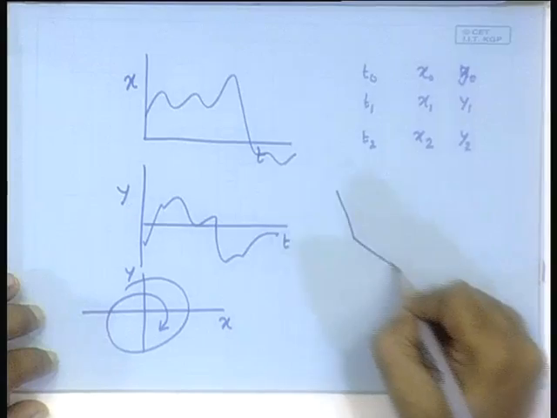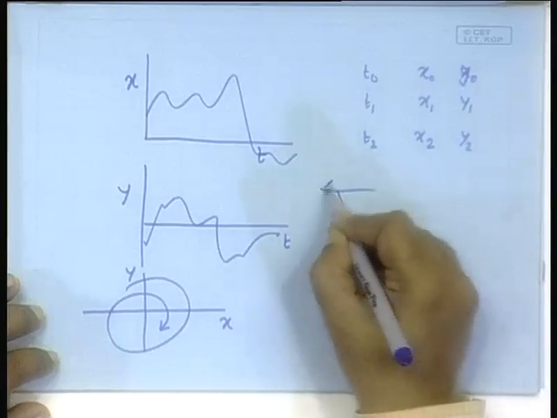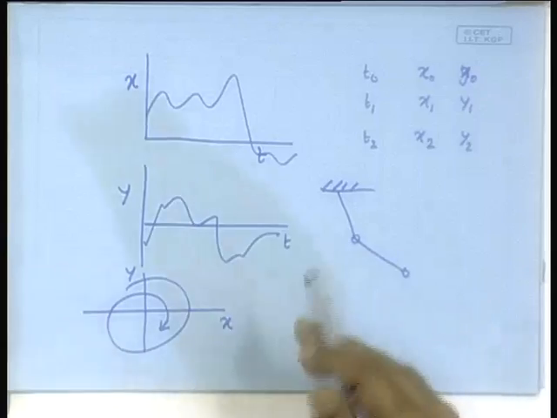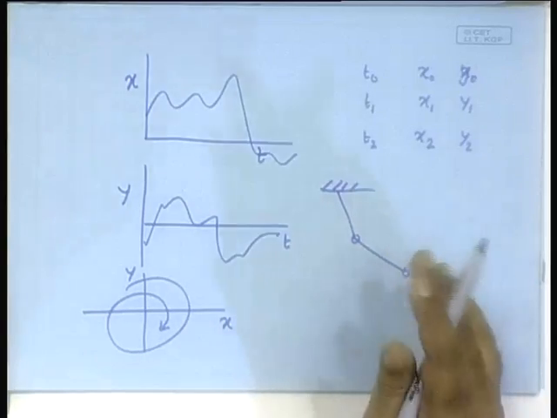For example, you have written down the solution of the inverted pendulum, you have done it for the double pendulum, the one that was like this. Any one you take and obtain the solution starting from some initial condition.